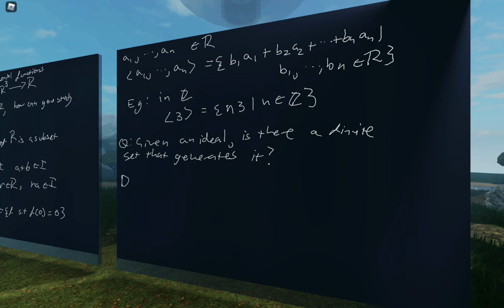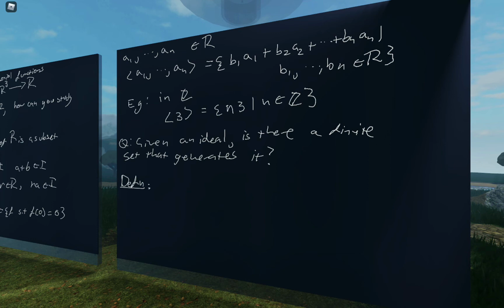And so there are types of rings where every ideal is finitely generated, or has a finite generating set.